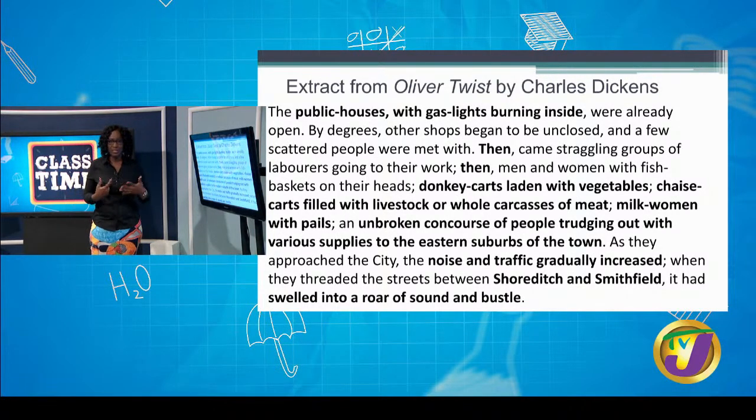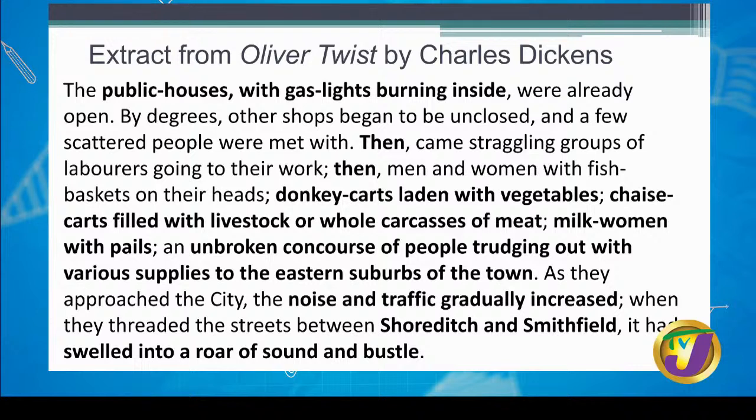And notice too, the next thing true to the time period, gas lights. We have electric lights. I don't know of anyone with gas lights. There might be one or two people perhaps, but for the most part, we use electric lights. So we know that this is a time that is not present. This is in a prior time. Notice the use of the word then.